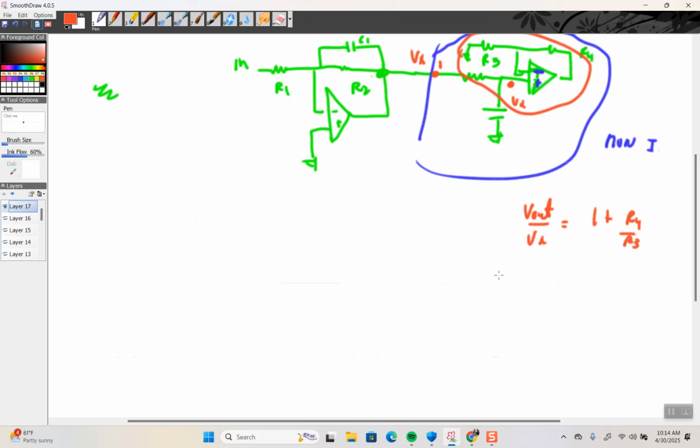Vx over Vx1 is voltage division, right? I'm just going to give you the answer. R5, C2. Okay.